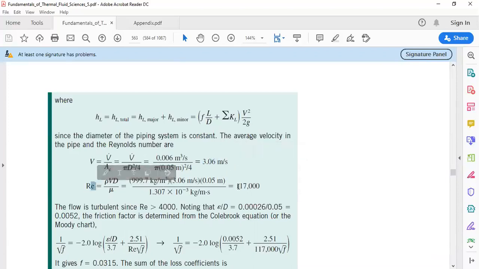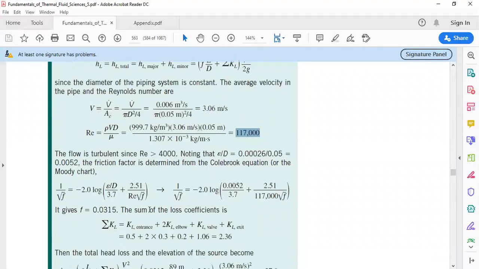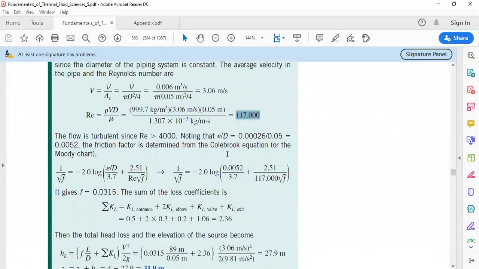Calculating the Reynolds number, we find it's 117,000. It's greater than the critical Reynolds number of 2300, so it's turbulent flow. The relative roughness is 5.2 times 10 to the power minus 3. With the Reynolds number and relative roughness, we go to the Moody chart and get the friction factor, 0.0315, the same as from the Colebrook equation.